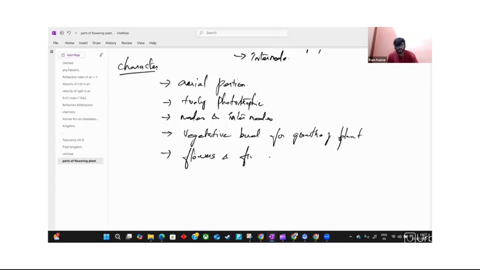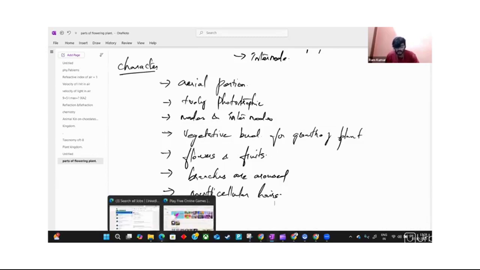Through the stem, the branches arise. Some stems bear multicellular hairs.